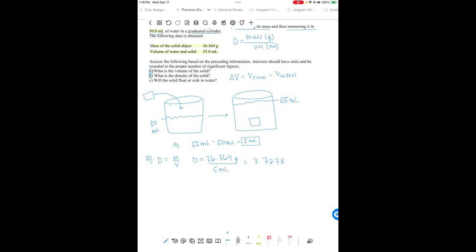All right, and this is grams per milliliter, but we need to do it in the right significant figures.